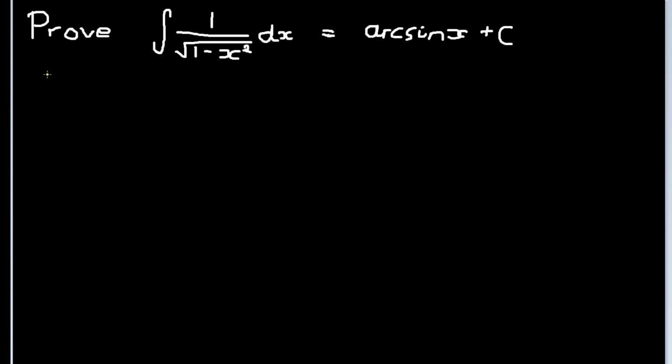So first of all, we're going to prove this by differentiating arcsine x. We're going to let y equal the arcsine of x. We're going to be using implicit differentiation. So we're going to take the sine of both sides.